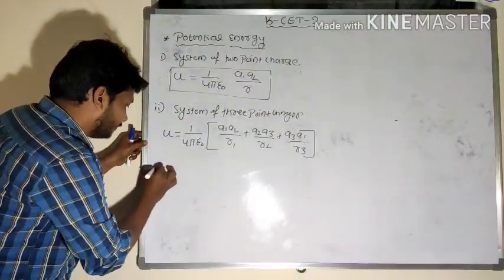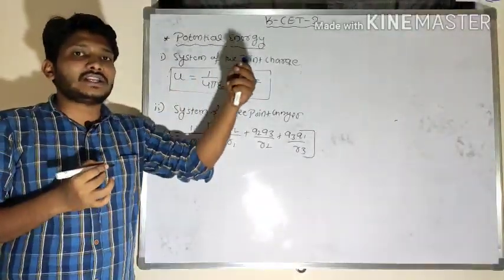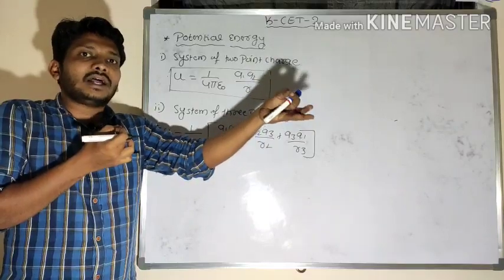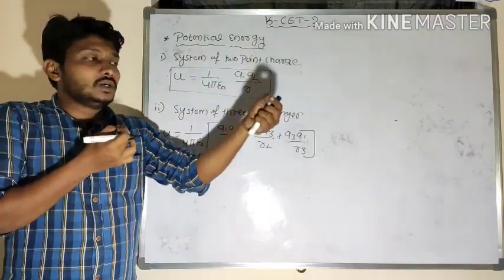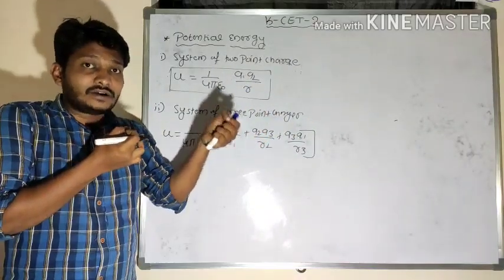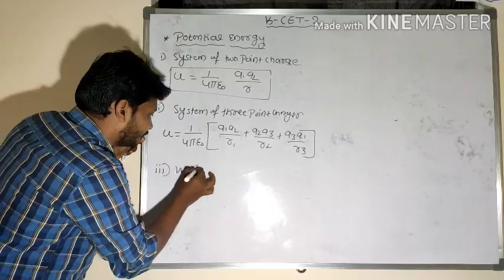For example, I will consider a system of 2 charges. The initial separation is R1. Now I want to decrease the separation from R1 to R2. In order to bring the charged particle from the distance R1 to the distance R2, what is the work done I need to calculate?